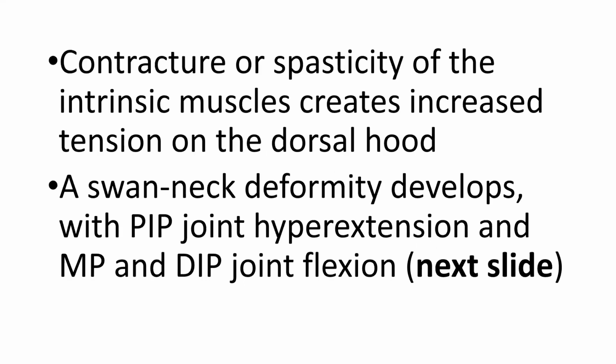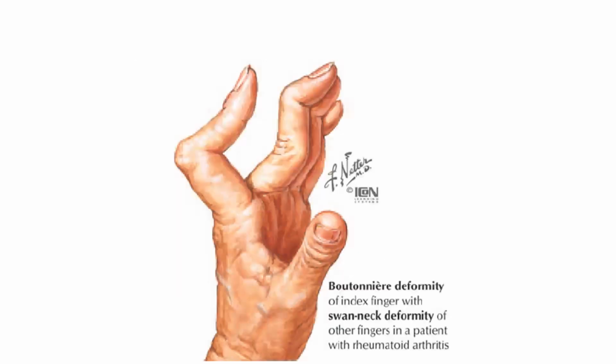Contraction or spasticity of the intrinsic muscles creates increased tension on the dorsal hood. Swan neck deformity develops with PIP joint hyperextension, MP and DIP joint flexion. This is a swan neck deformity of the third finger.